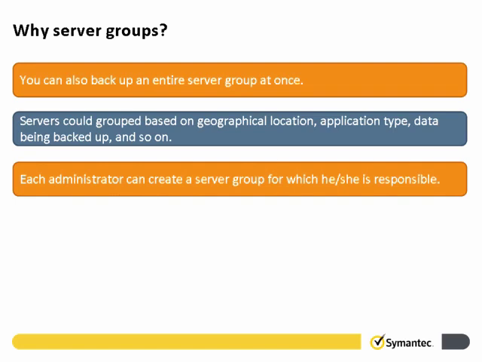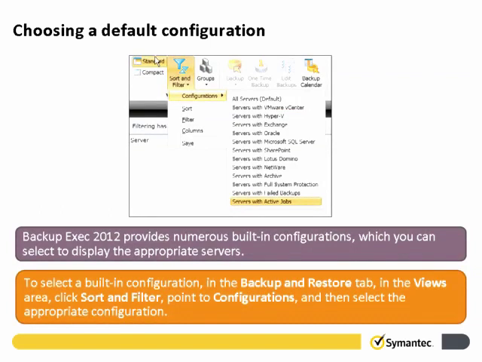So if I have administrators for SQL, I can create a SQL group. If I have administrators for Exchange, I can create an Exchange group. For any kind of political reason or geographical or data type reason you want to create groups, it just makes things easier to manage.